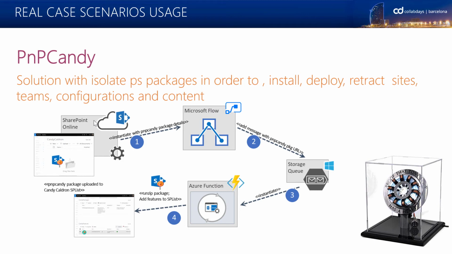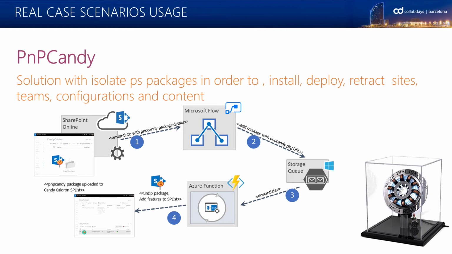We use Visual Code or Visual Studio to build those packages, and whenever we build the package, the zip, we upload it to a specific document library in SharePoint Online. There's a Microsoft Flow, a Power Automate, looking into the list, checking, oh, there's a new package here. It sends a message to the Azure function. The Azure function grabs the zip file, unzips it, and executes the PowerShell scripts inside of it.